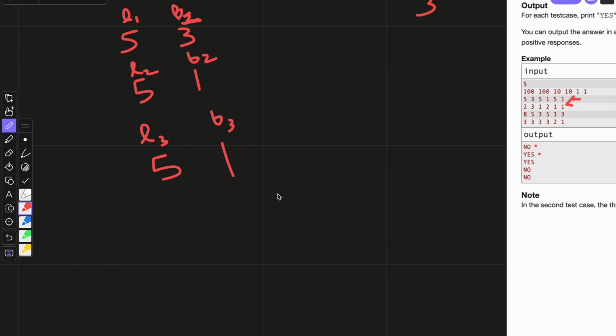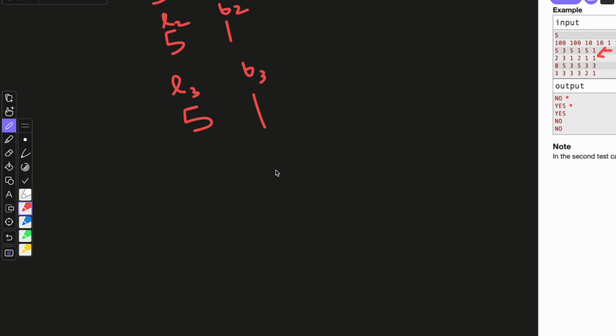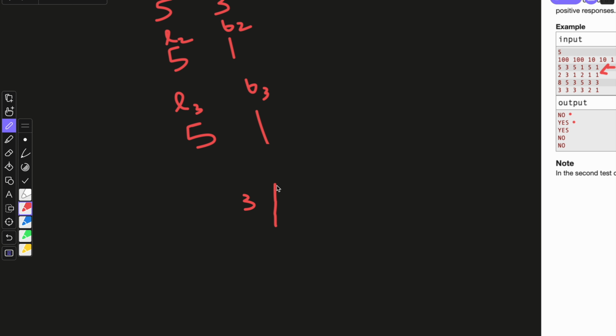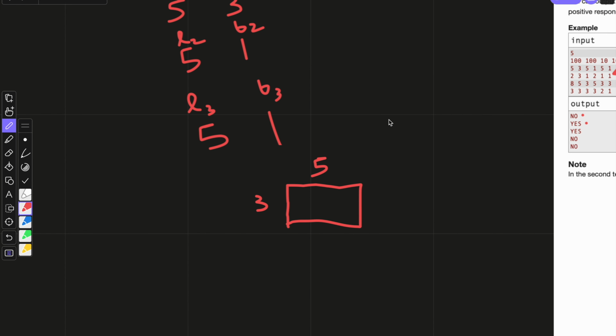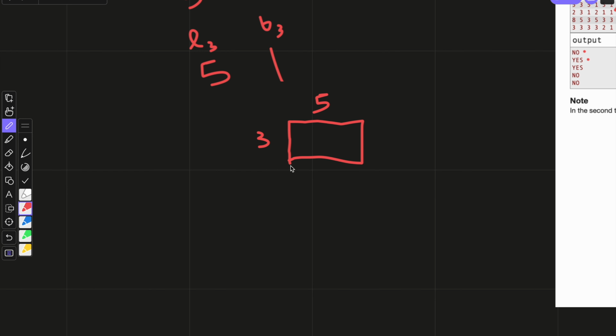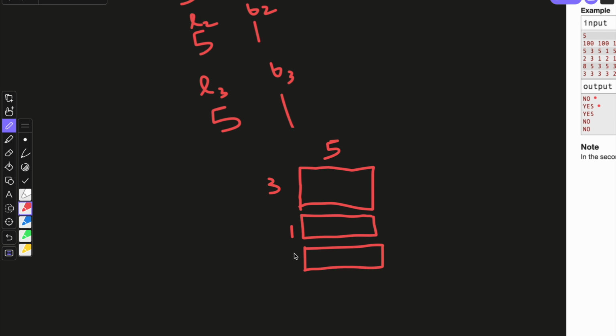So basically the first rectangle L1 and B1 has breadth 3, and length 5. Now the length of the second rectangle is 5 and breadth is 1, and another rectangle has length 5 and breadth 1.